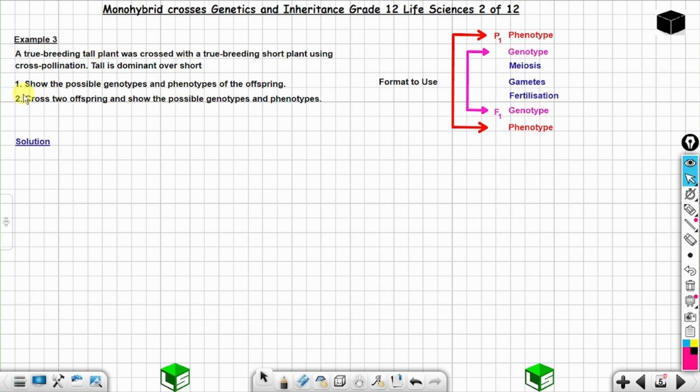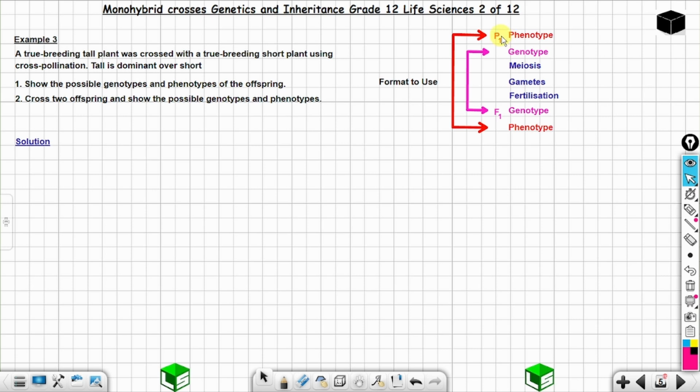Now 1. Show the possible genotypes and phenotypes of the offspring. Number 2, you are going to cross 2 offspring and show the possible genotypes and phenotypes. We have 2 questions. So, we start with number 1. We are going to use this format.